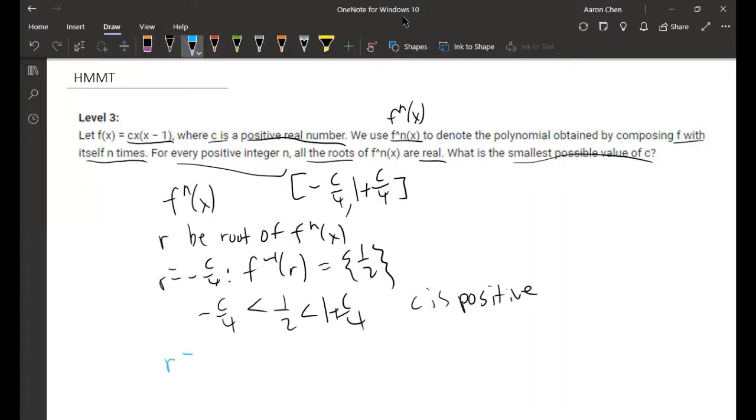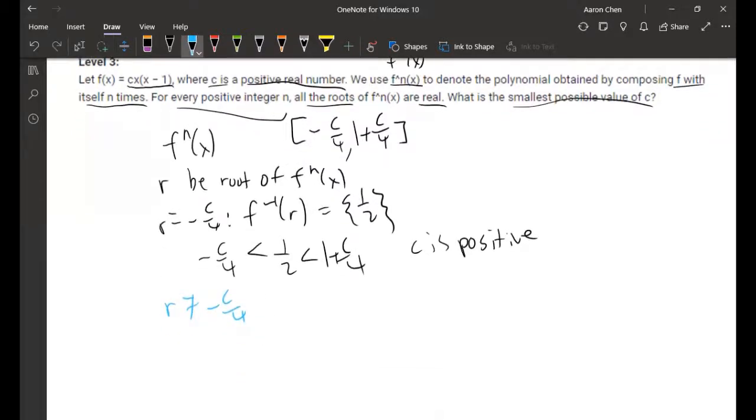Now if r is not equal to negative c over 4, then by the quadratic formula, there are two roots, r1, r2, such that r1 plus r2 is equal to 1, and f of r1 is equal to f of r2, which is equal to r.